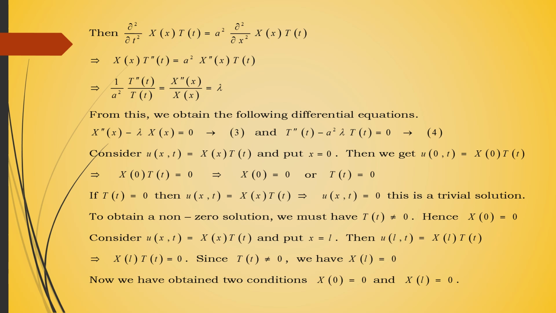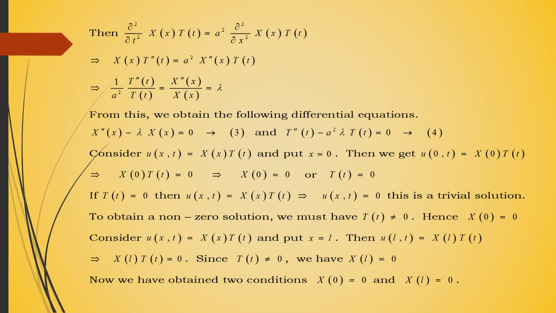If we observe this equation, the LHS is purely a function of the time variable t and the RHS is purely a function of the space variable x. These two are equal only when they are equal to a constant.